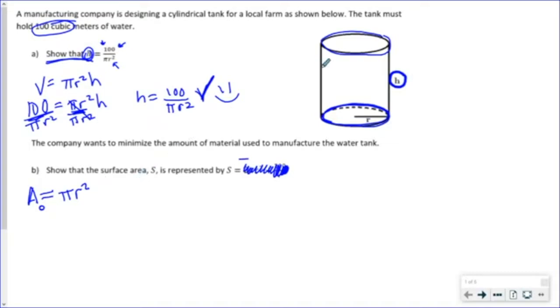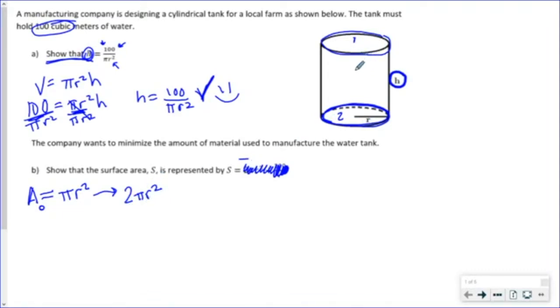Now, I have two circles, so for both circles the area is 2 pi r squared. That covers the area of these two circles, which is in the formula packet. You don't need to memorize that.